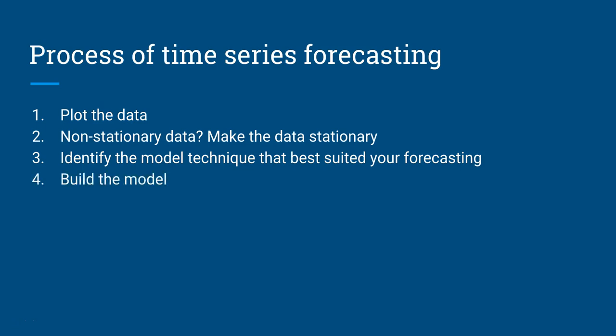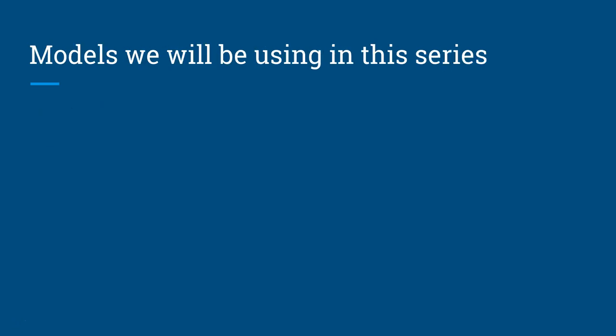Finally, build the model, and then do the prediction. So these are the 5 steps that you have for doing time series forecasting, and we will see a lot about these 5 steps in the upcoming videos, and I'll cover a lot of examples that will help you understand this process.